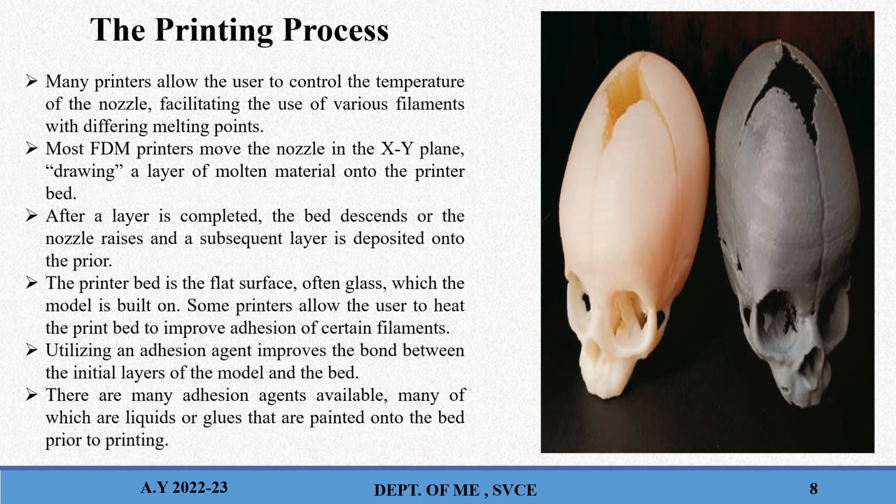The printer bed is a flat surface, often glass, on which the model is built. Some printers allow users to heat the printer bed to improve the adhesion of certain filaments. Utilizing an adhesion agent improves the bond between the initial layer of the model and the bed. There are many adhesion agents available, which are liquids or glues that are painted onto the bed prior to print.